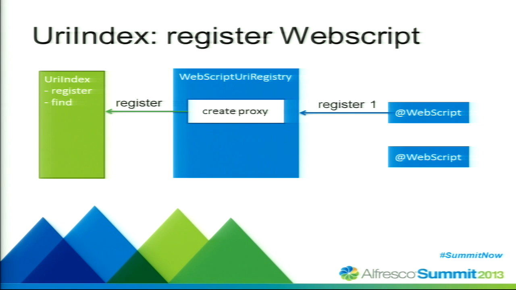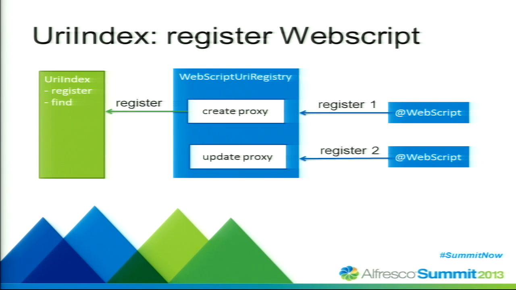This way, our implementation can be garbage collected and we can deploy a new version. So, an updated web script is installed, it's registered, and as you can see, we don't create or register a new proxy, we simply update the pointer of the proxy to point to the new implementation. So this is a workaround required for dynamically registering and unregistering web scripts.